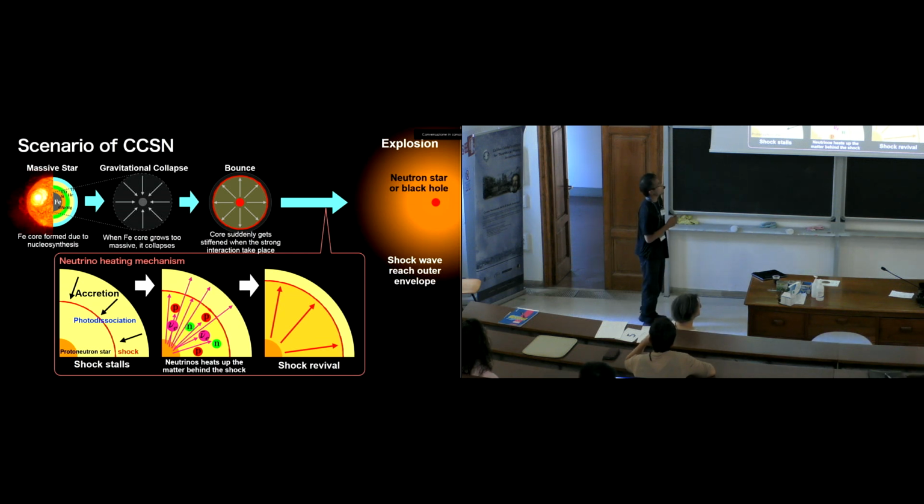This kind of onion-shaped massive star will form an iron core at the center, and collapse and bounce, and the explosion happens. During the propagation of the shock wave, the neutrinos are crucial to heat up the material behind the shock wave, and it is necessary to enable the explosion to succeed.